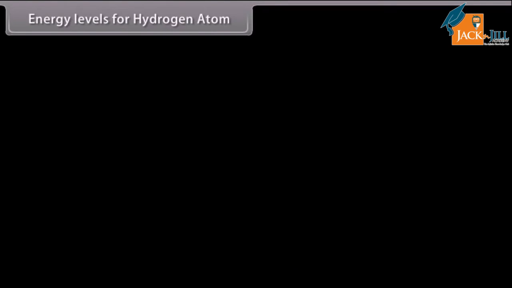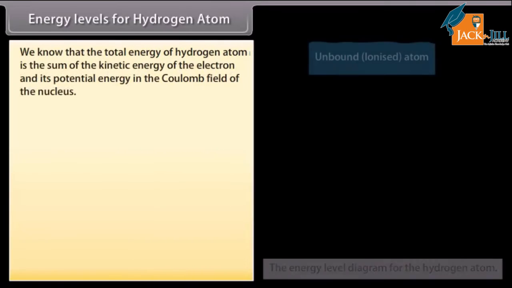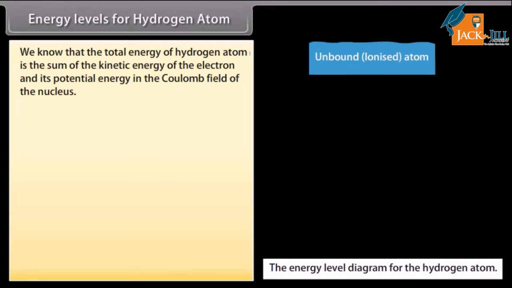Energy levels for the hydrogen atom. We know that the total energy of the hydrogen atom is the sum of the kinetic energy of the electron and its potential energy in the Coulomb field of the nucleus. Eₙ equals −e²/(8πε₀rₙ).